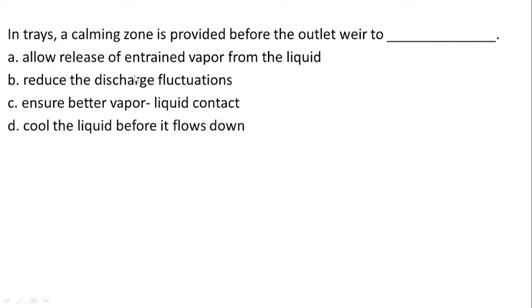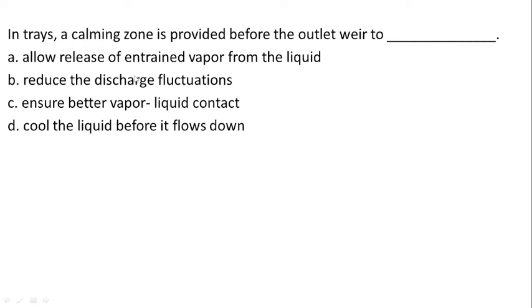Actually, the calming zone allows the release of entrained vapor from the liquid. If this is a tray layout, in a tray there are two calming zones, one just before the outlet weir and one just before the inlet weir. This one and this one. So this is provided to release the entrained vapor from the liquid.